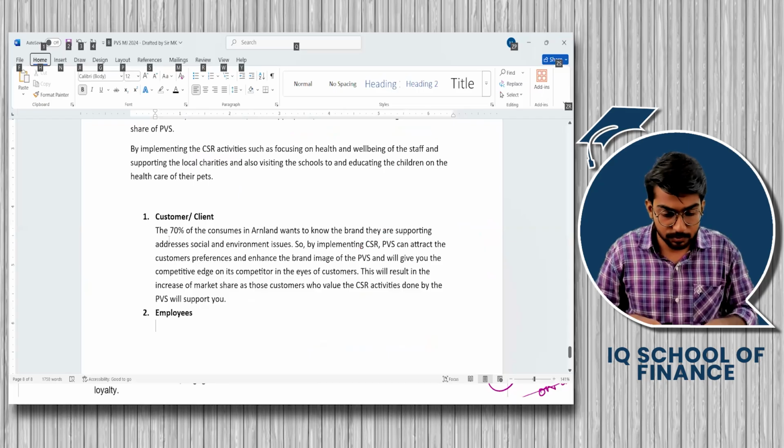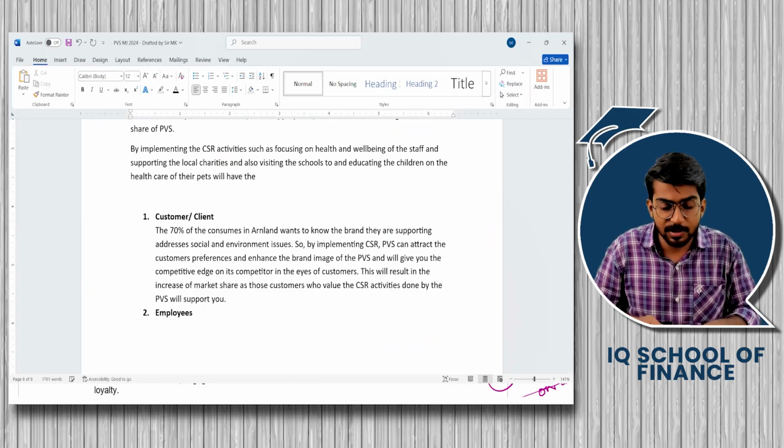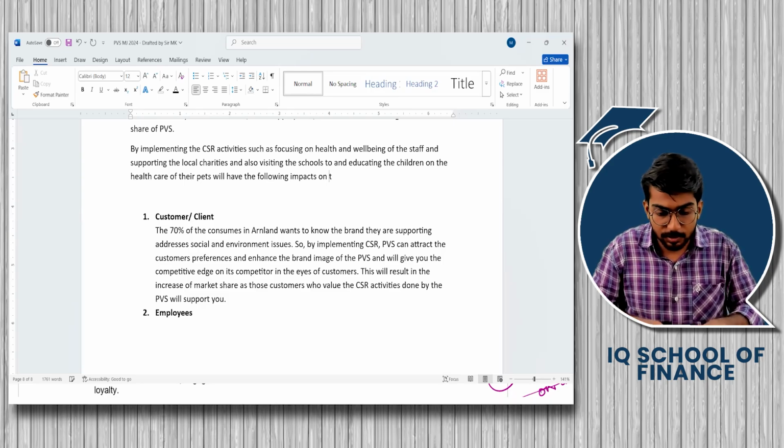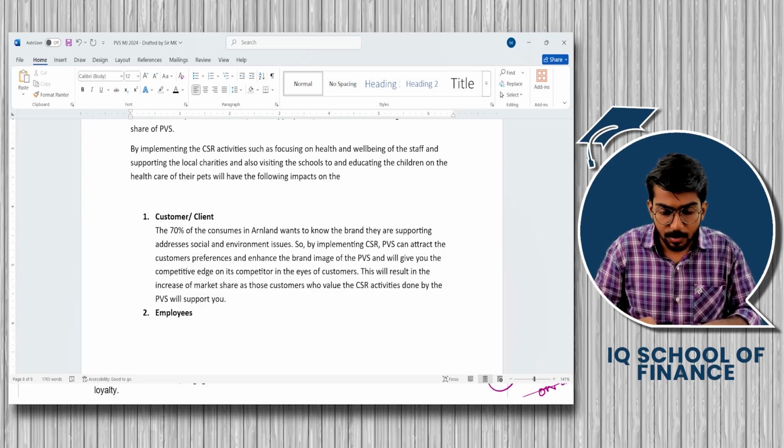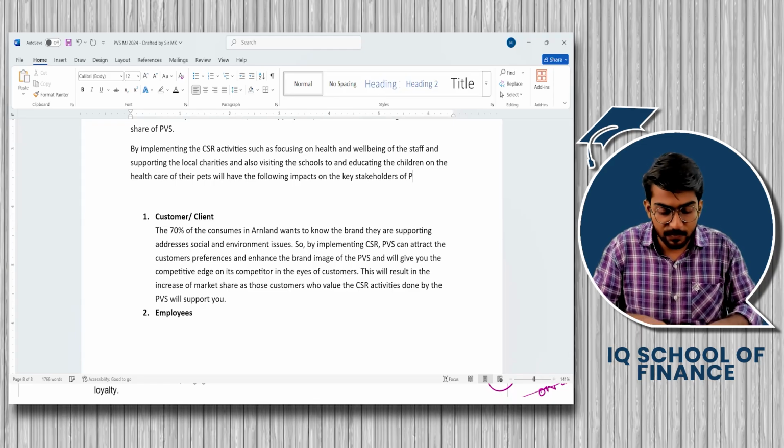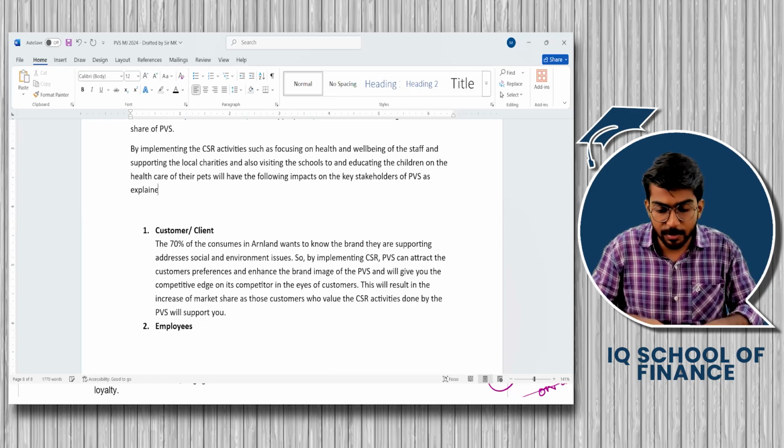So, let me just complete the general paragraph. We'll have the following impacts on the key stakeholders of PVS as explained below.